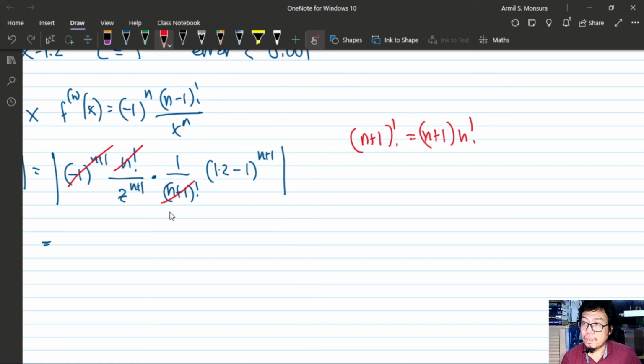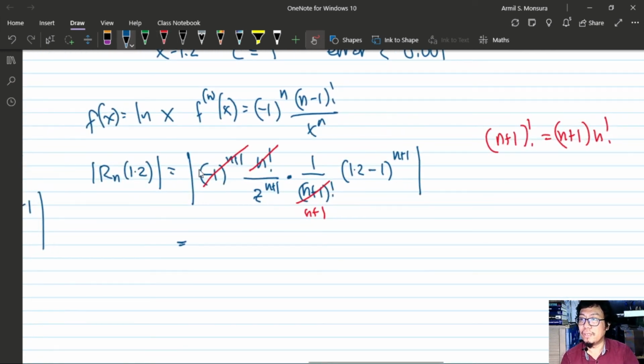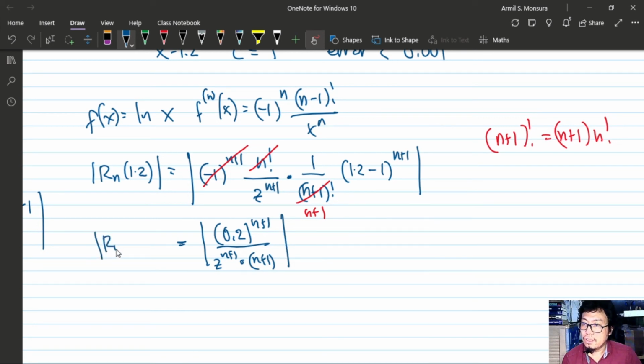So your error at 1.2 becomes 1.2 minus 1, which is 0.2, raised to n plus 1, over z raised to n plus 1 multiplied to n plus 1. So that is your error at 1.2.